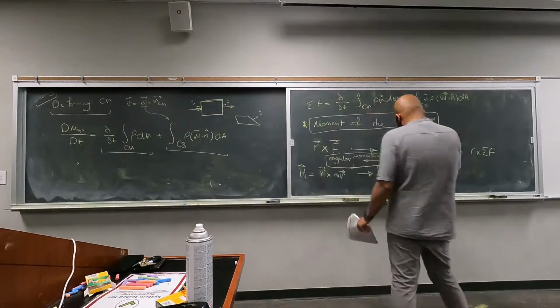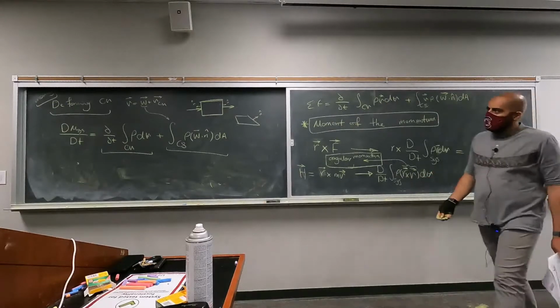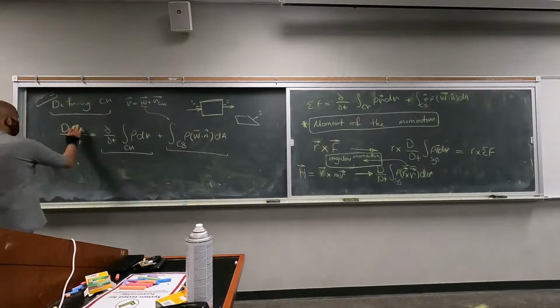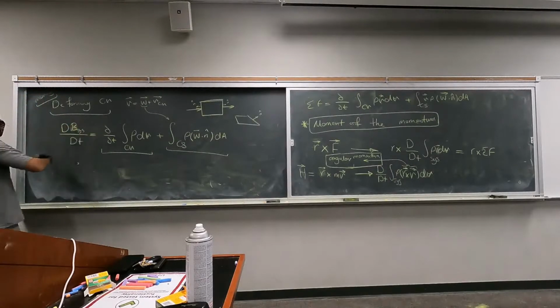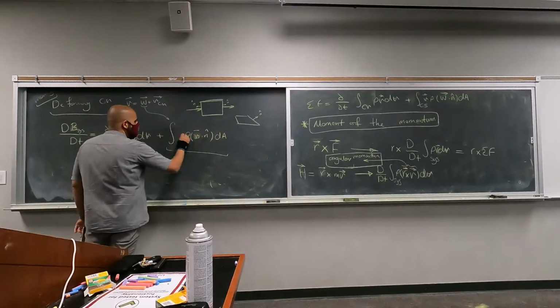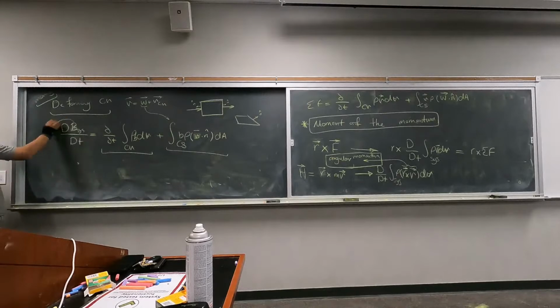So the extensive property is going to be the angular momentum. If I change this to B and include the B here, this is the Reynolds transport theorem. Our B here is R cross mV, right? That's capital B. What would be the intensive property?